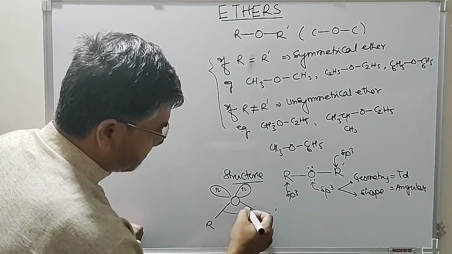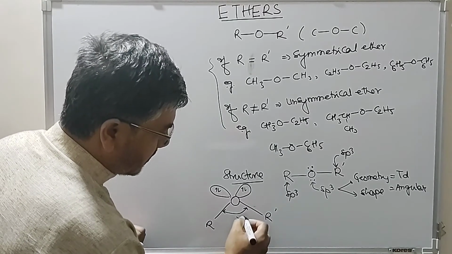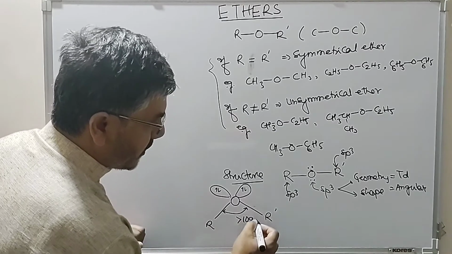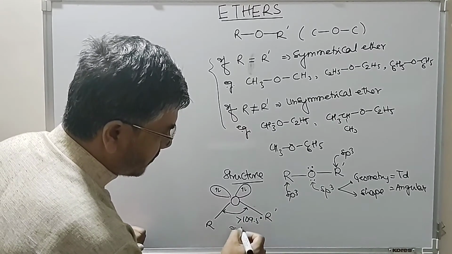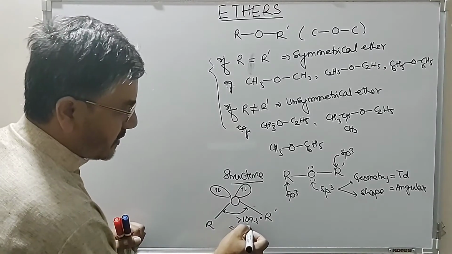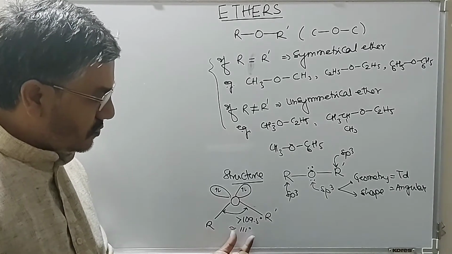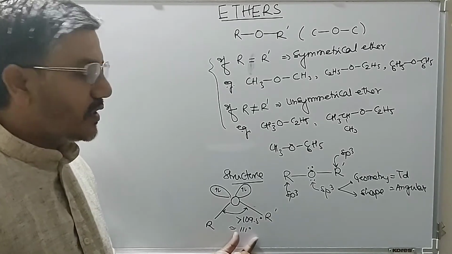This bond angle is greater than the tetrahedral angle of 109.5 degrees and is approximately 111 degrees. Now why is this angle greater than the tetrahedral angle of 109.5?